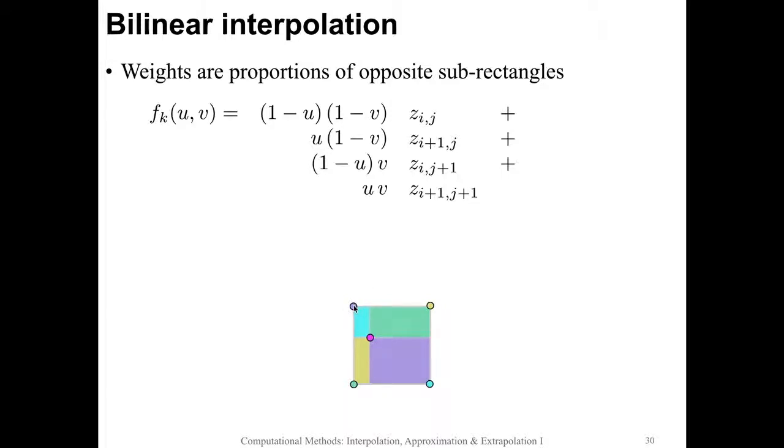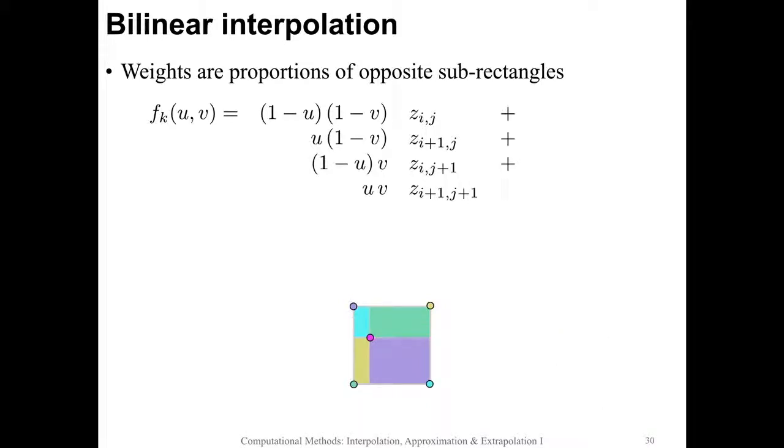So each point has a corresponding sub-rectangle that is kind of opposite it in a sense. And the weights, so if we look at the first weight, 1 minus u times 1 minus v, is actually an expression of the ratio of this sub-rectangle's area to the whole square. And if we move on to the next weight, u times 1 minus v is actually a measurement of this sub-rectangle's area as a part of the whole square's area.